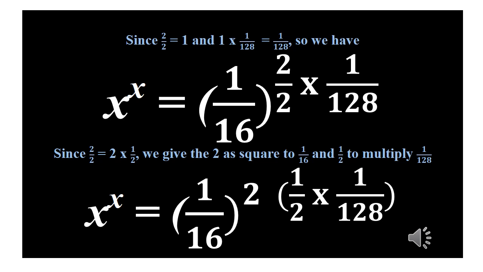Likewise, we simplify 2 over 2 to 2 times 1 over 2. They are still the same. So we give the 2 as a square to 1 over 16, and then 1 over 2 to multiply the power 1 over 128. So we have x raised to power x equals 1 over 16 all squared raised to power 1 over 2 times 1 over 128.